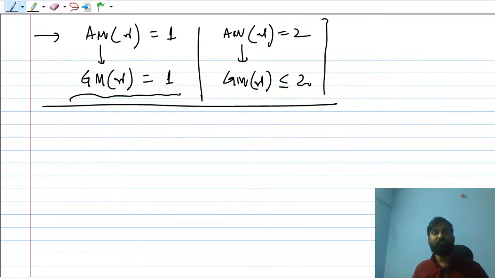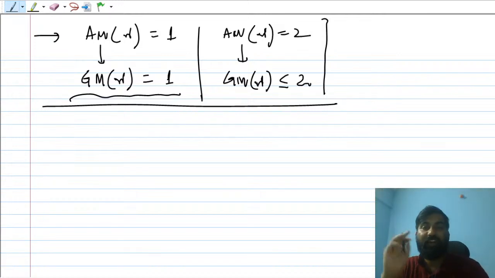So these are the basic concepts that you have to keep in mind. I believe this is fine. If AM of an eigenvalue is 2, then your GM of that eigenvalue will always be less than or equal to 2. And what is GM? GM is basically the number of linearly independent eigenvectors.